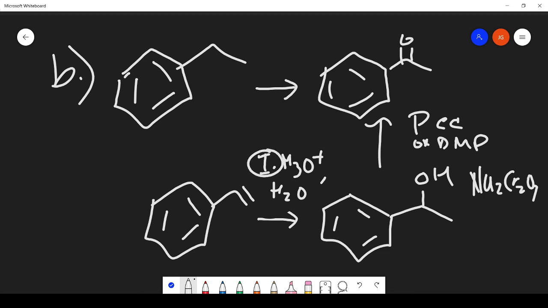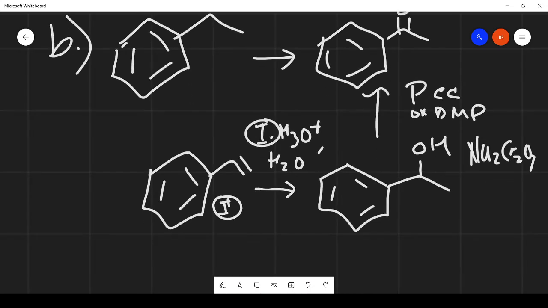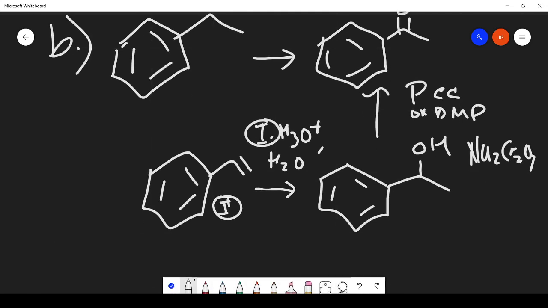That would have been the first way. And this would have been the easiest way because this is Markovnikov addition of alcohol. The second way to do it, which would have also gotten us Markovnikov addition, would have been the process of oxymercuration, demercuration.